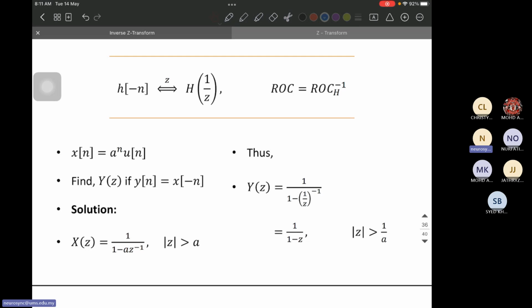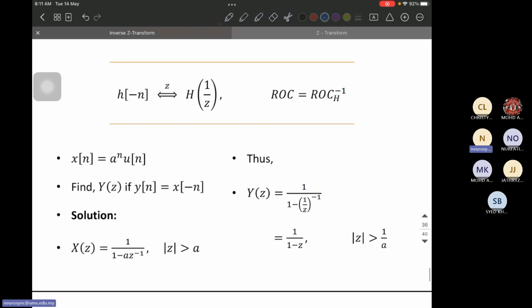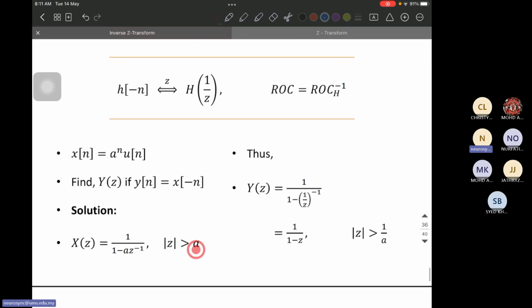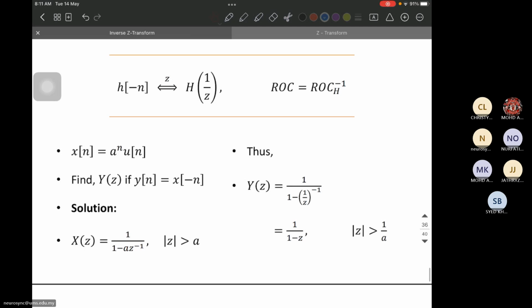So this is 1 by 1 minus a z. And the region of convergence for this is the inverse of the region of convergence of a. So this is modulus of z is greater than 1 by a. So this will be the region of convergence for this.